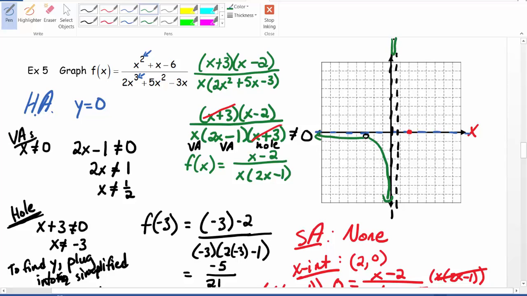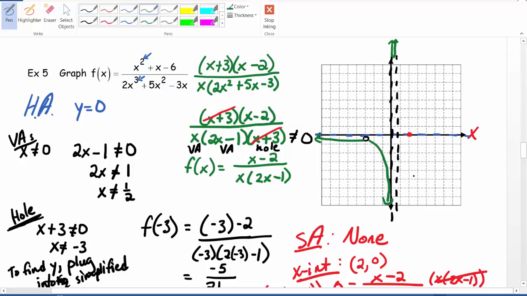But it's going to kind of go back upwards. And on the right side, it will come down, starting from the bottom, go through that point, cross that horizontal asymptote, and then finally it will start to hug that horizontal asymptote. So more or less, this would be what our image for example 5 would look like.